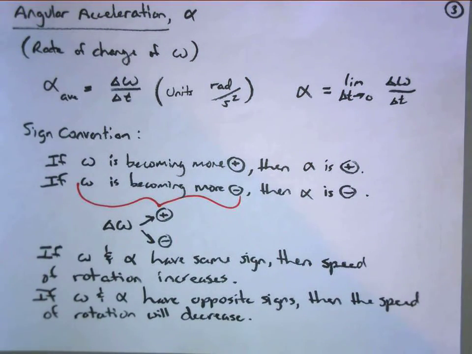Rotational speed will slow down. All right. So a couple important points to always keep in mind, because this relates to the physical situation that's happening, and you never want to lose sight of that.